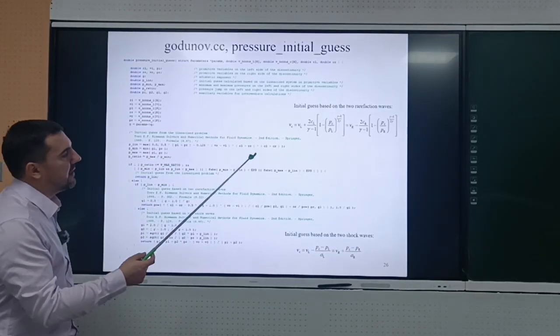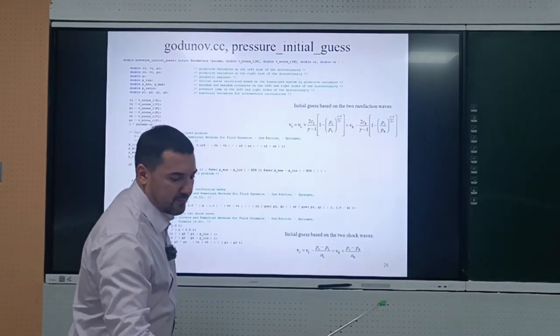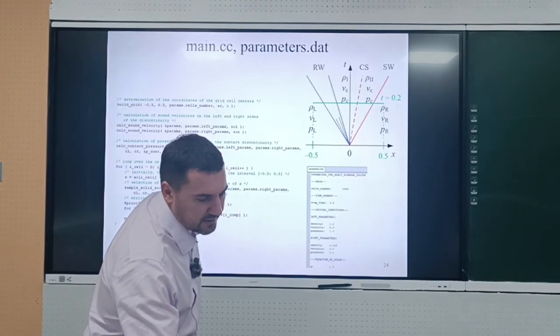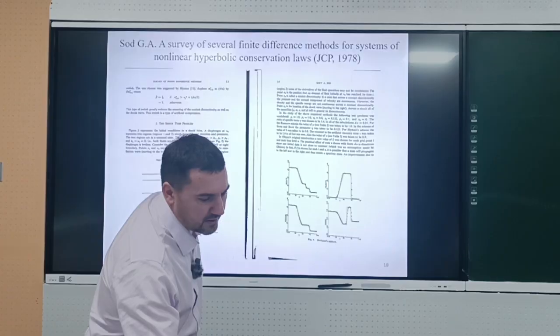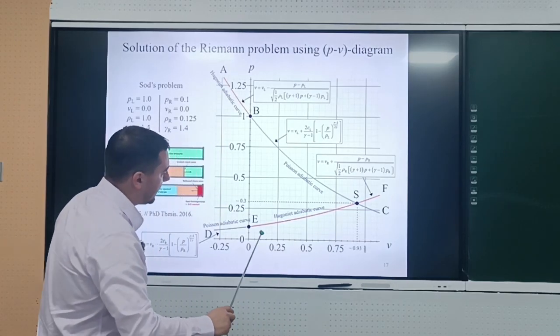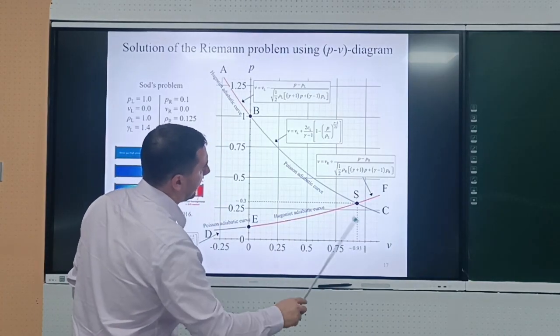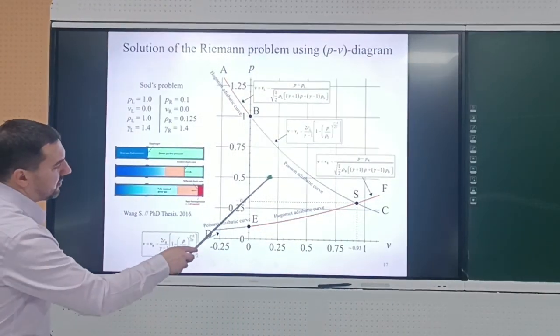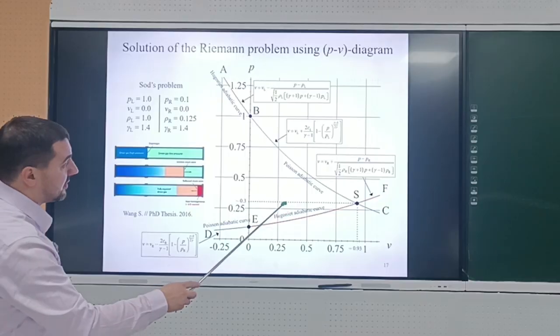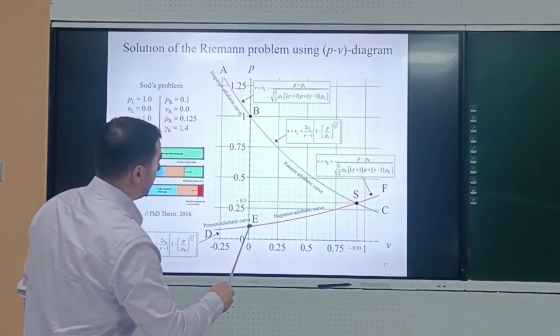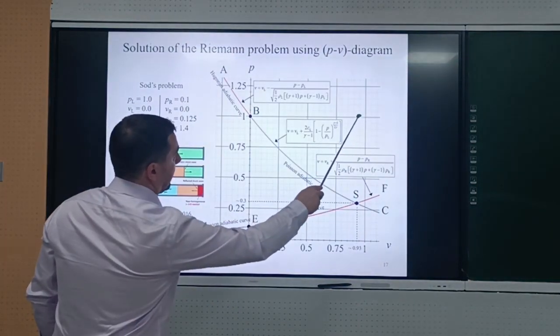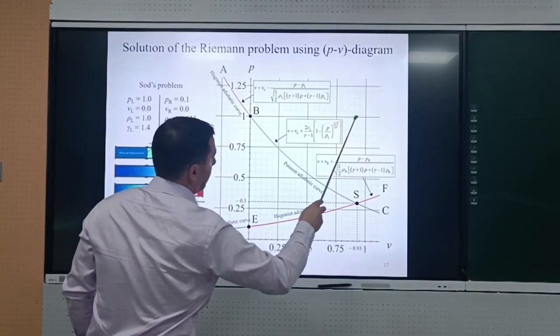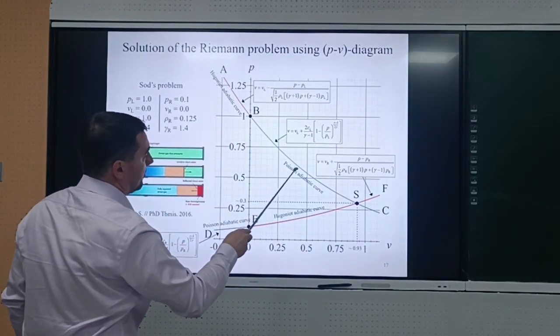It turns out that the reason we need iterations is only because it's possible to have an intersection of the red curve and the blue one. If two blue curves intersect, and it's possible, for example, you can imagine this point E here, and then the red curve will go here, and the blue here, and you will get the intersection of two blue curves.